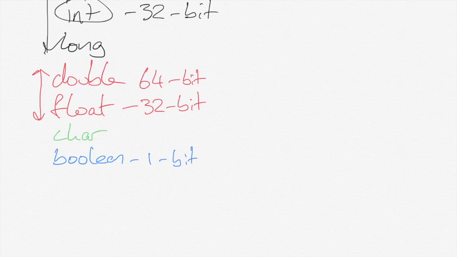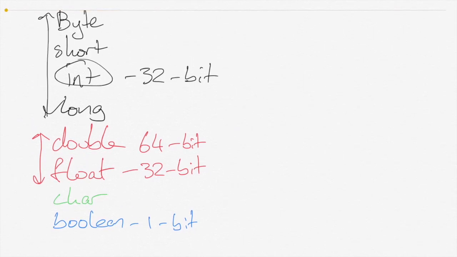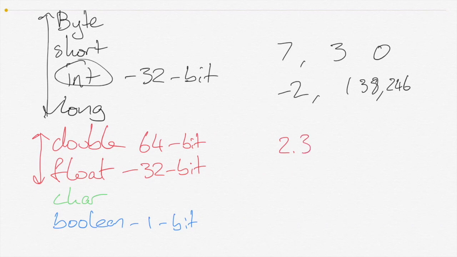All right, we know that integers store numbers like 7 or 3 or 0 or -2 or 138,246. And we also know that doubles store numbers like 2.34 and 7.6 or 3.1415926 or -3, but we'd store it like 3.0.